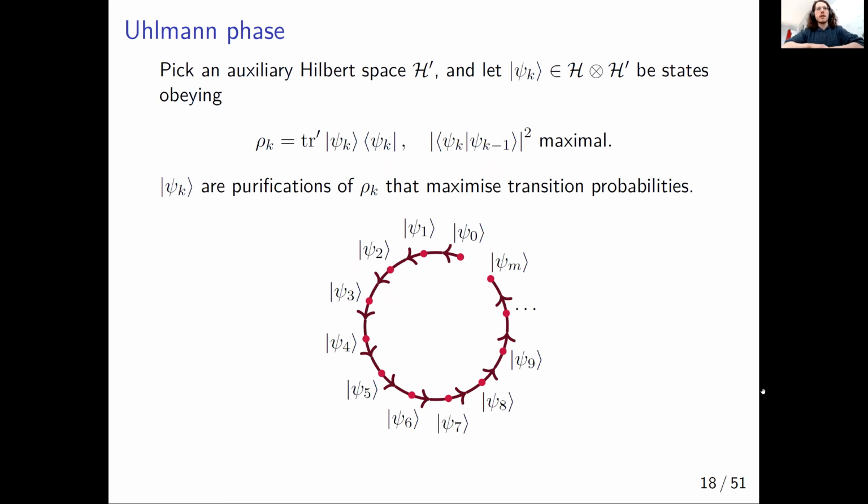Then we need to come up with a sequence of states psi_k in the tensor product H times H prime, obeying these two conditions. The first one says that psi_k is a purification of rho_k, so when we take the trace over the auxiliary space, we get rho_k. The second one says that the transition probability from one state to the next should be maximized, subject to the first constraint.